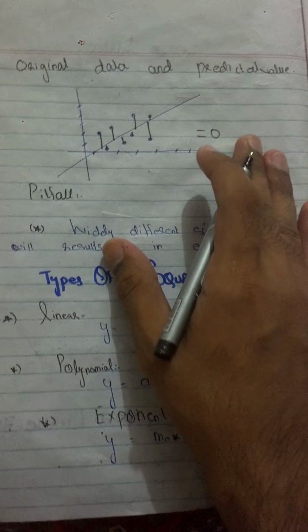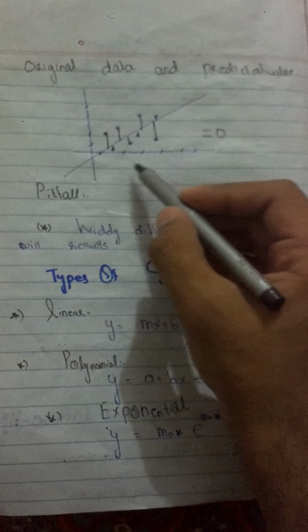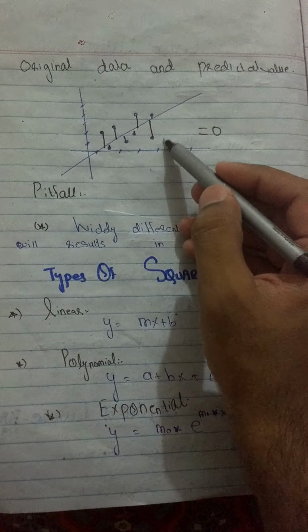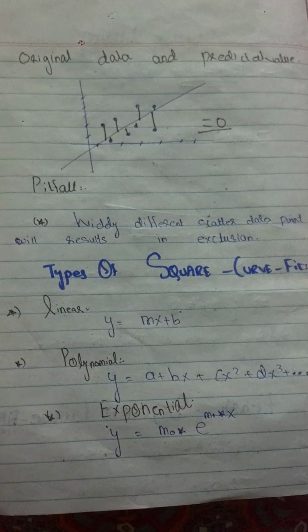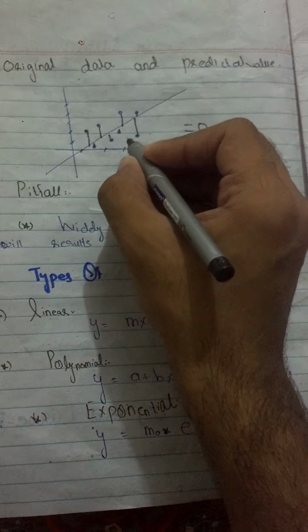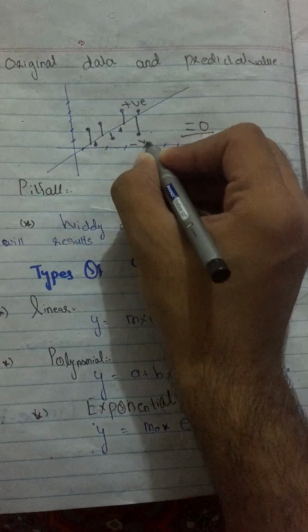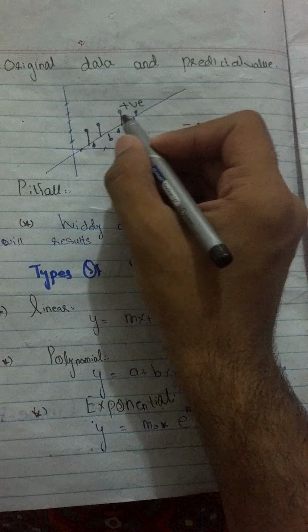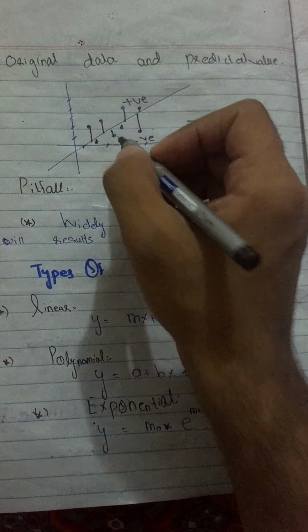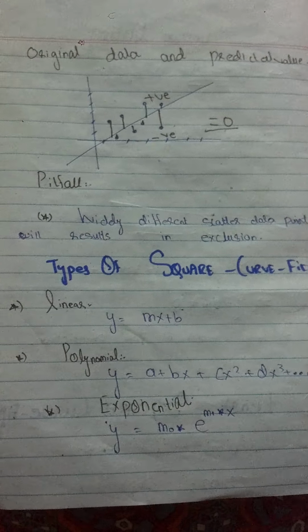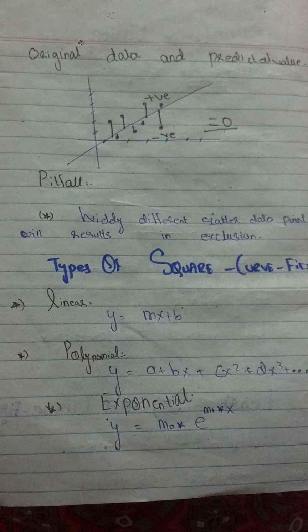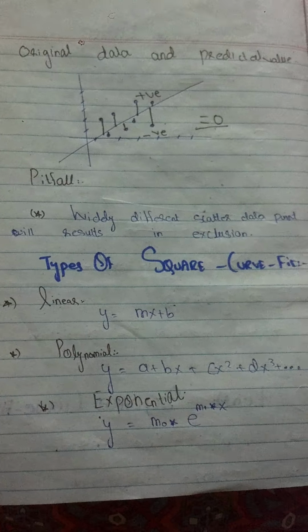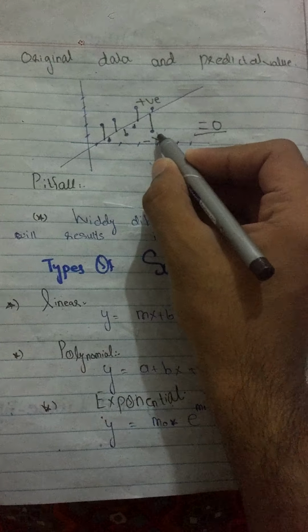Since it is an error, we have to reduce it, and if we sum it, it results in 0, because some errors are positive and some errors are negative, since points above the curve show positive values and below show negative values, and the sum results in 0. So what squared error really does is it squares the values.